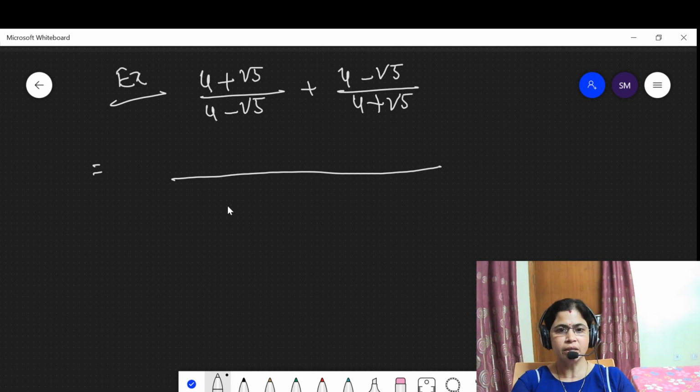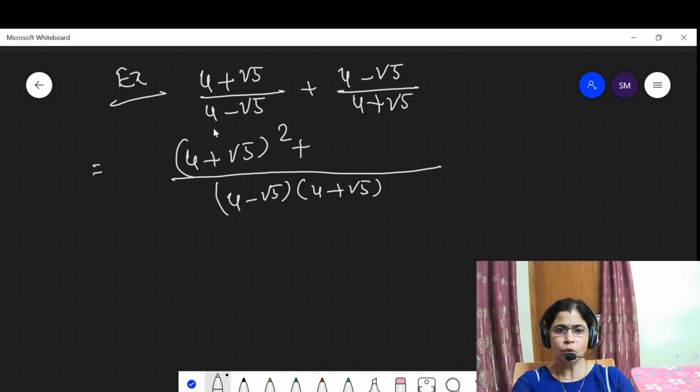Take the LCM, which is 4 minus root 5 into 4 plus root 5. Then this is 4 plus root 5 into 4 plus root 5, which is 4 plus root 5 whole square. Here 4 minus root 5 into 4 minus root 5 is 4 minus root 5 whole square.